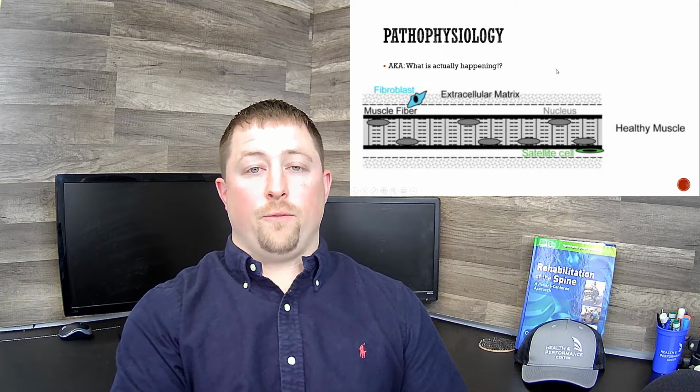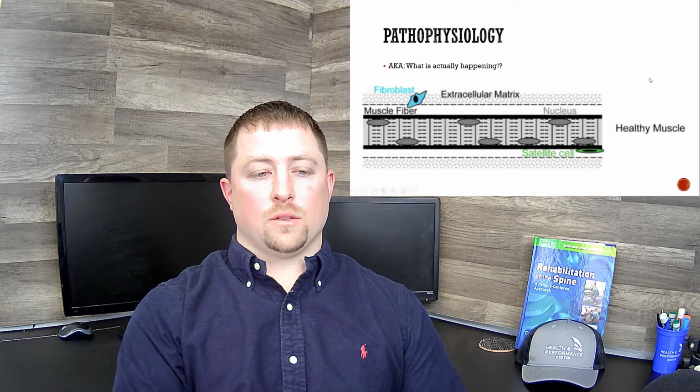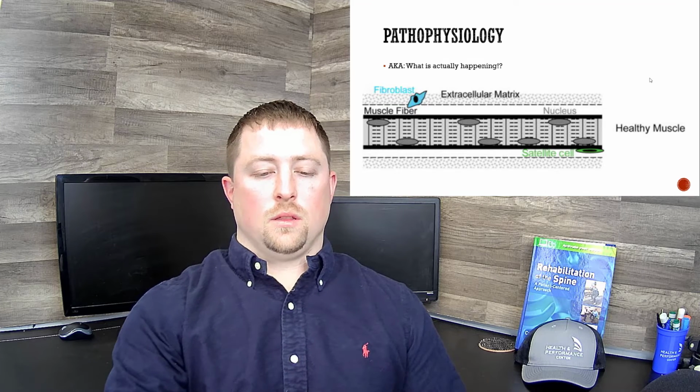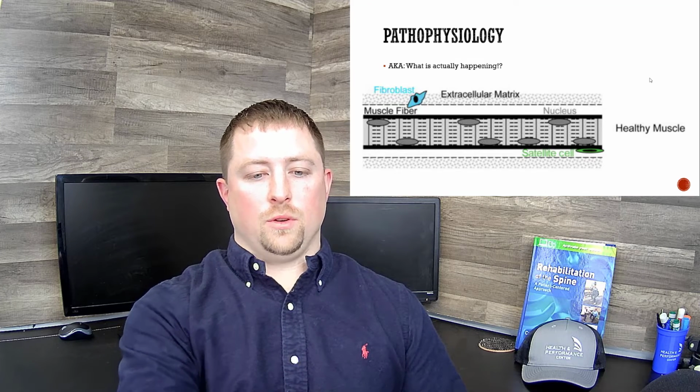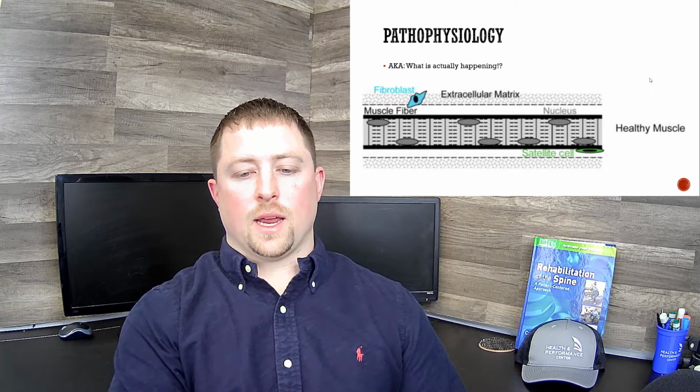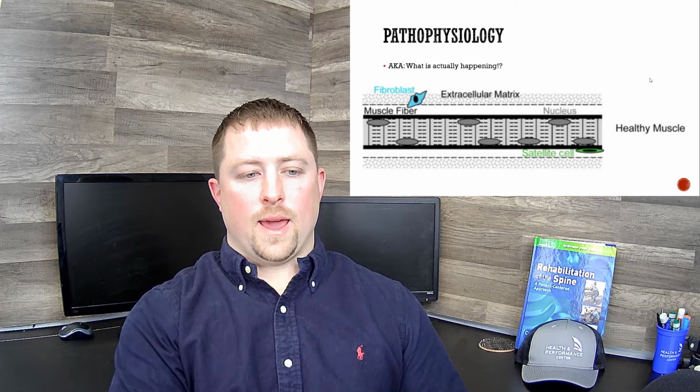The pathophys, what is actually happening? So here's a healthy muscle cell. You can see all the labels here. The muscle fibers, the nucleus, the gray circles are the satellite cells. So what happens? Number one, the fibers get overstretched or overloaded.